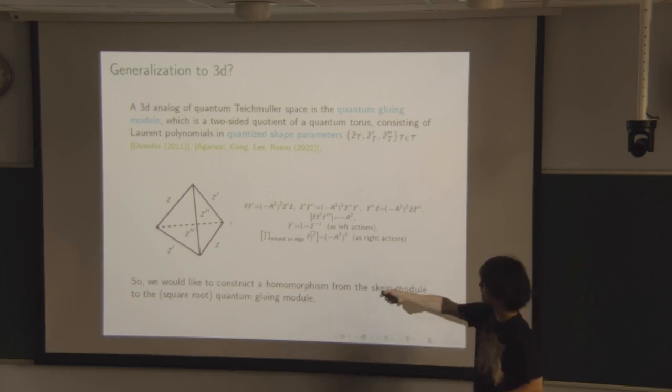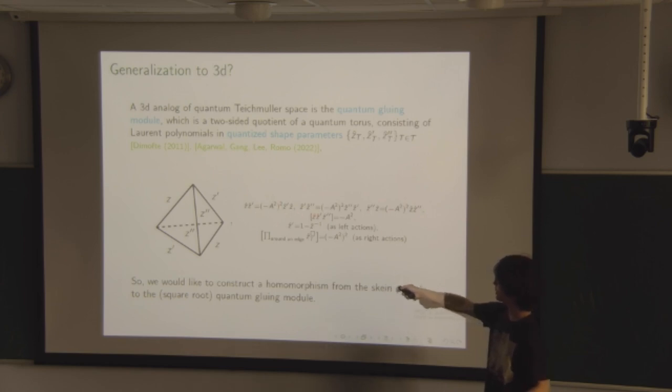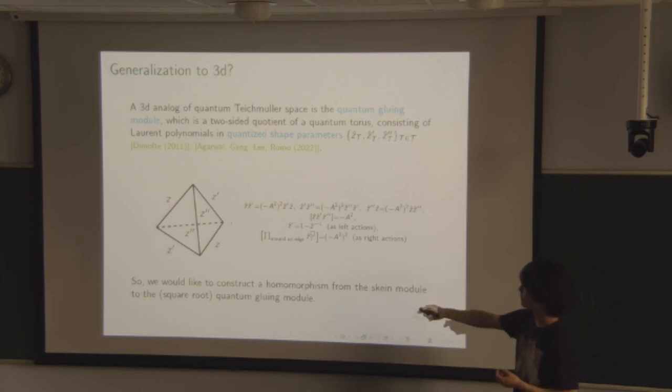And as we quantize, these shape parameters become q-commuting variables. These are variables now commuting up to some factor. In other words, these Z hat, Z prime hat, and Z double prime hat generate a quantum torus.